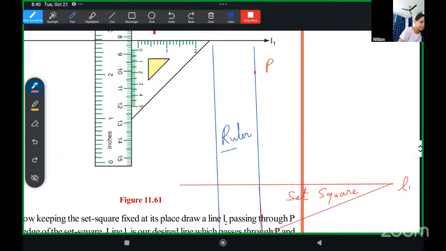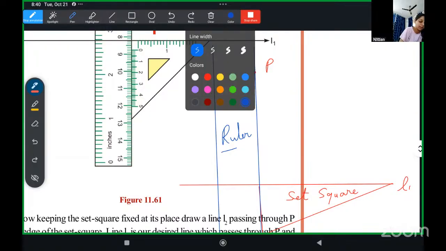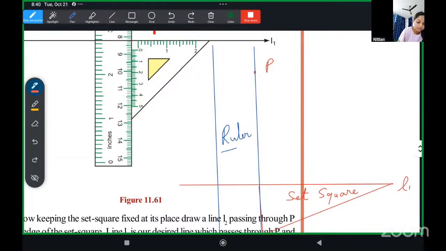This point of your set square should come to this P point here. So how will it look, Joshua? Like this.